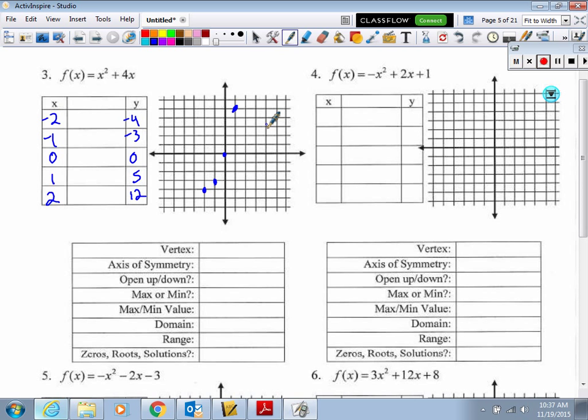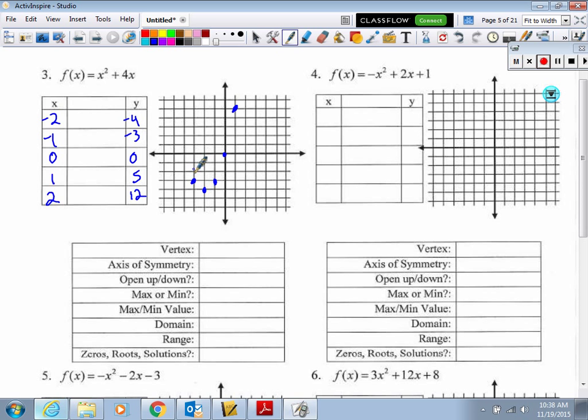Okay, so I need to change my window, my table, so I can get a little more of it. I'm going to change my table setting, and I want it to start at -5. Okay, so I noticed that if I do -3 first, I know what do I know about this number?